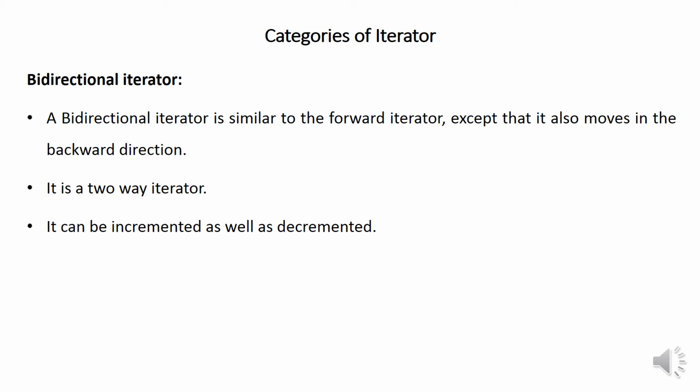That's why it is called a two-way iterator. Here we use plus plus as well as minus minus, meaning increment as well as decrement. The bidirectional iterator can be incremented as well as decremented.